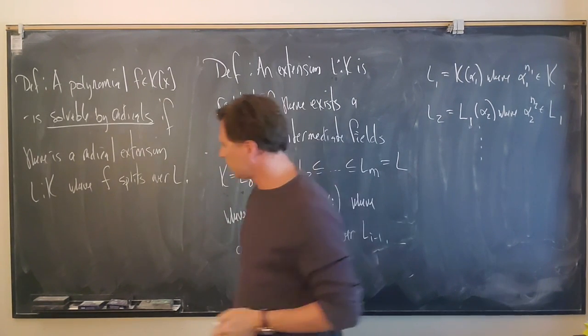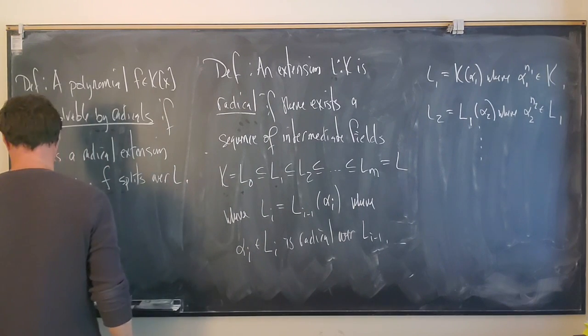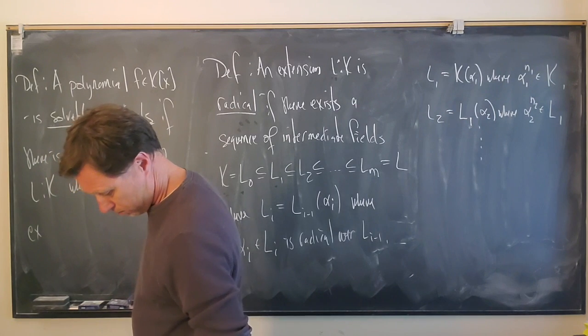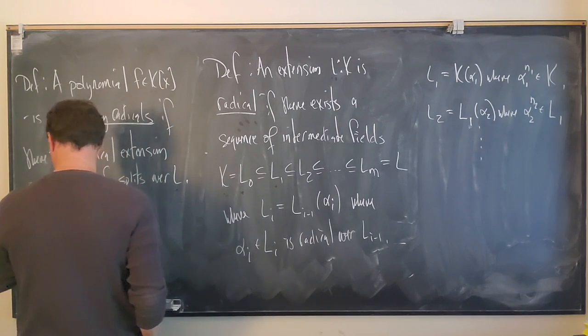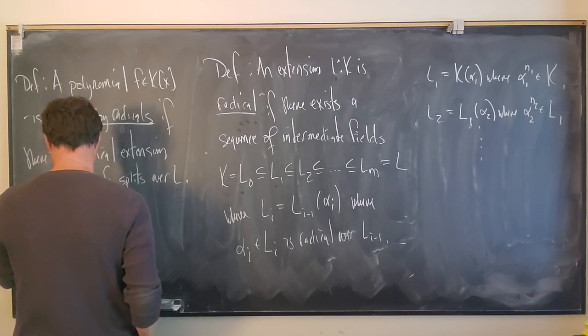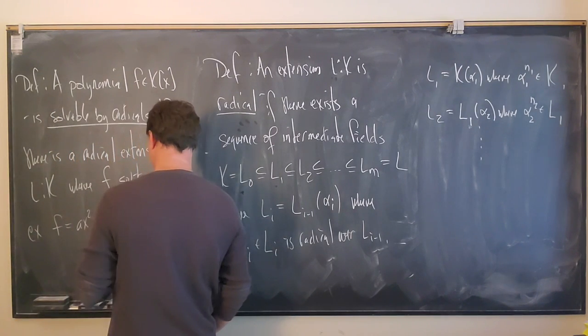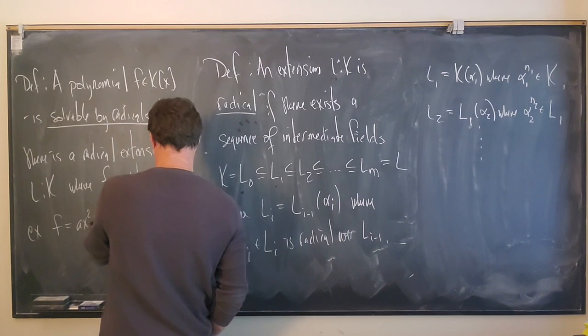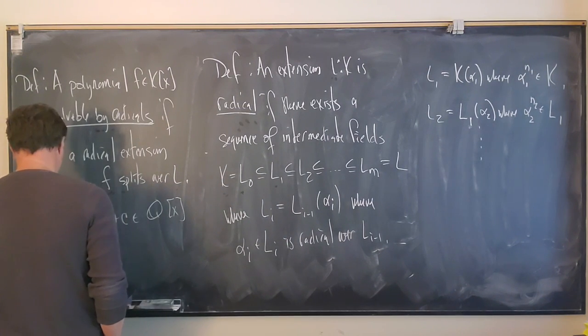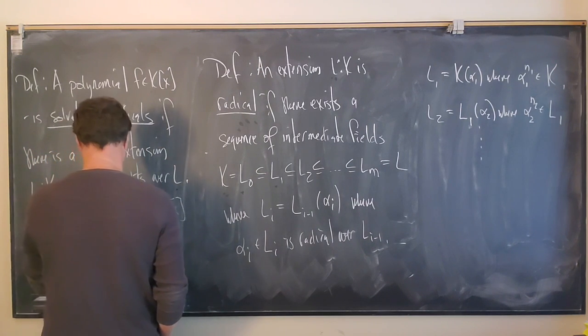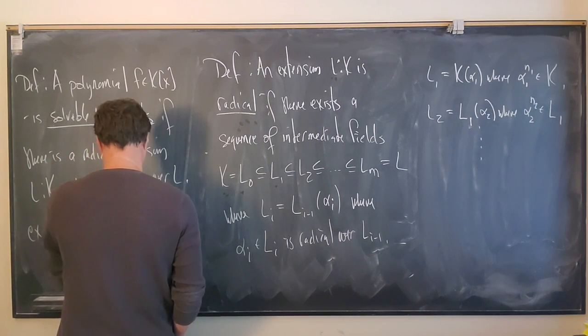And so, for example, the polynomial f equal to ax squared plus bx plus c in Q bracket x is solvable by radicals.